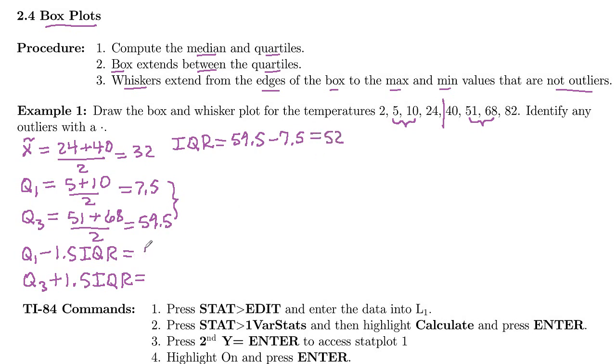So we have 7.5 is our Q1 minus 1.5 times 52. And then our Q3 is 59.5, and add 1.5 times 52. We'll compute those on the calculator.